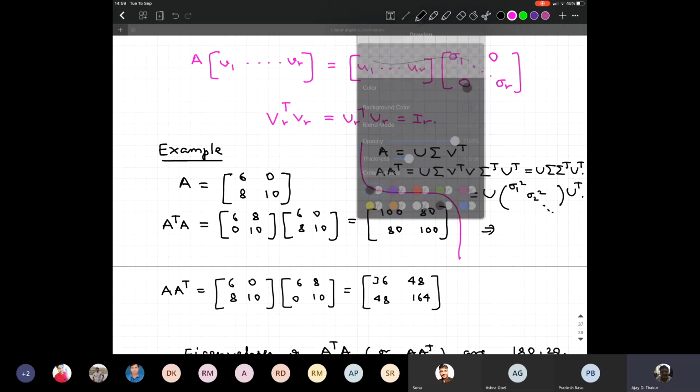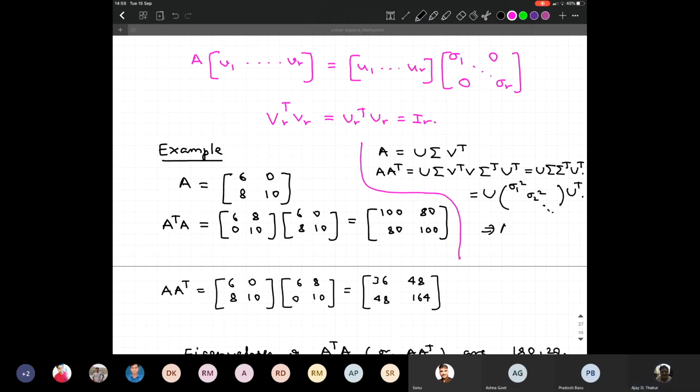You can write AA transpose U would be essentially U sigma square. So suppose I am looking at a particular vector in this, so I can be more specific. AA transpose U1 would be sigma 1 square U1.